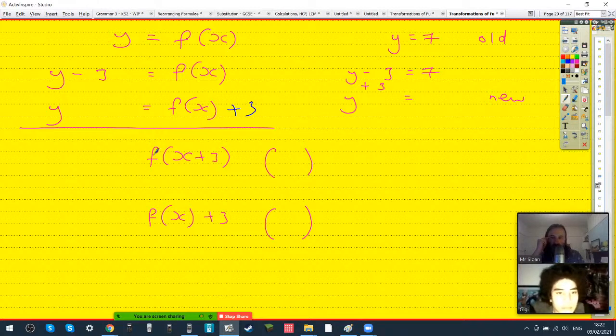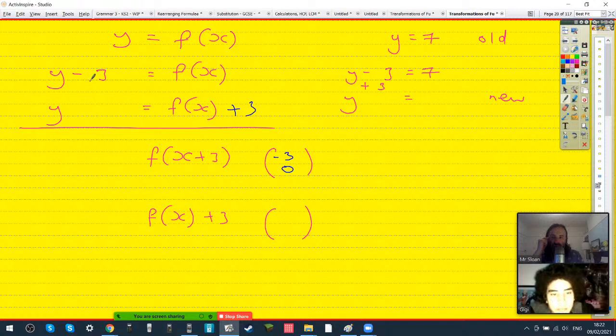Let's see. So f(x + 3), what does that do? What's the vector for that one? This is the previous one, like in the x direction. Oh, it would be minus 3, 0. So this is minus 3, 0.